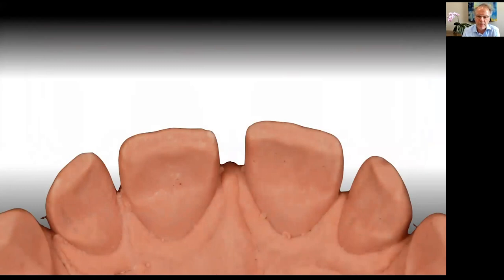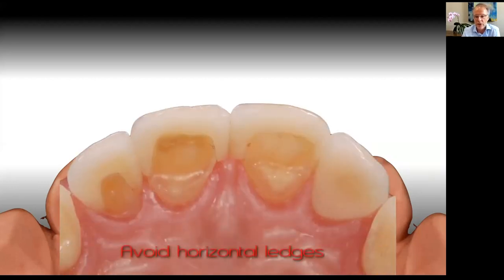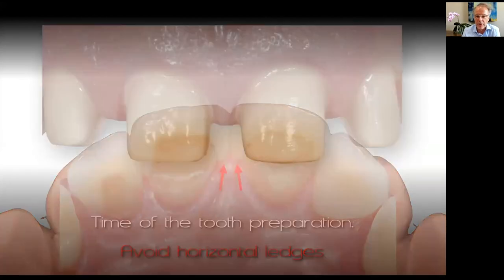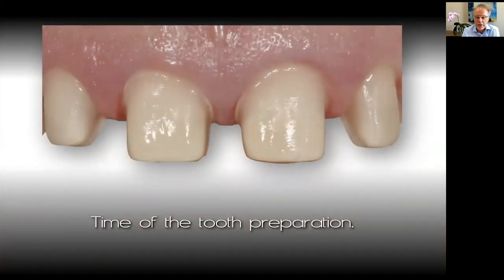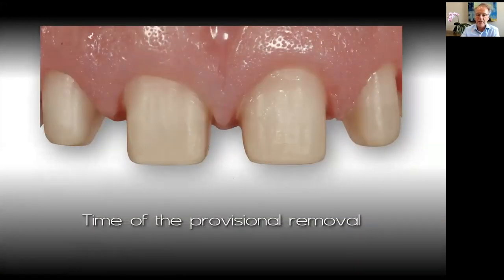And here's maybe a good example of what I'm trying to avoid. Not my case, but I was able to get casts from the original situation. The clinician fabricated veneers, and now there are horizontal ledges resting on top of the papilla. So at the time of the preparations, the soft tissue blunts or flattens out.